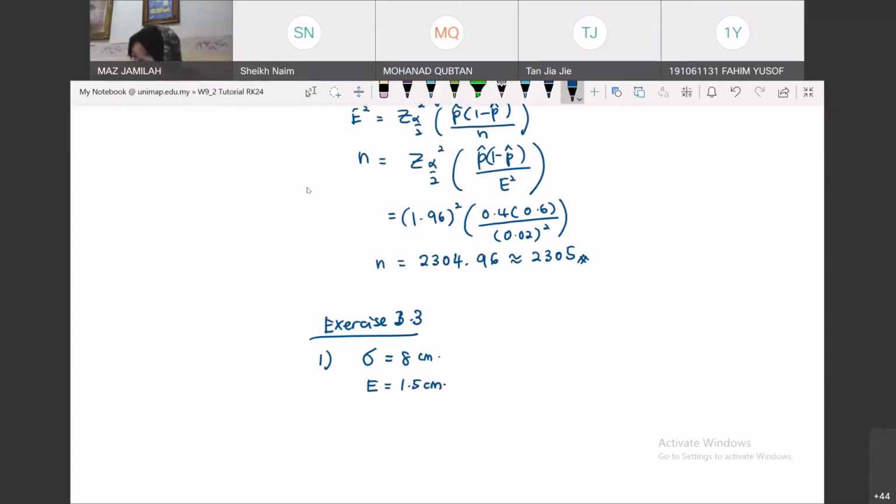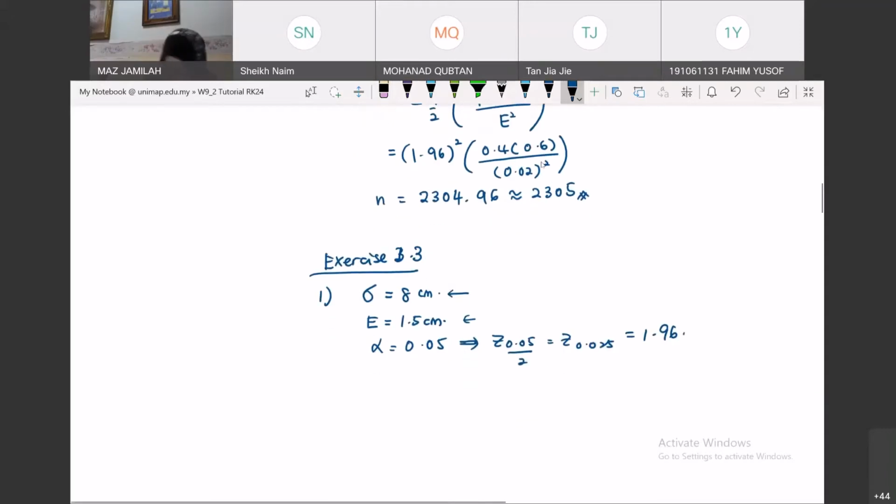Okay, and with 95% confidence level, your alpha is 0.05. Now we know that 0.05 divided by 2 will be 0.025, and then you will get 1.96. So this is the sigma and this is the error.